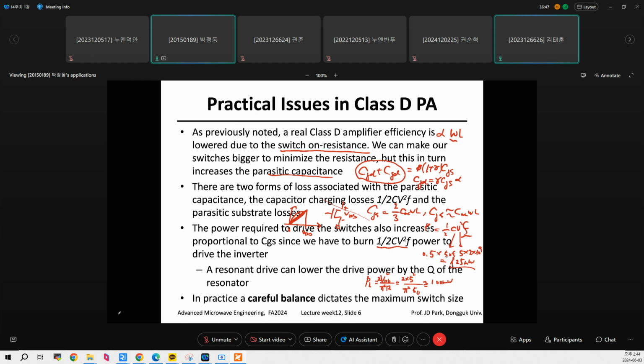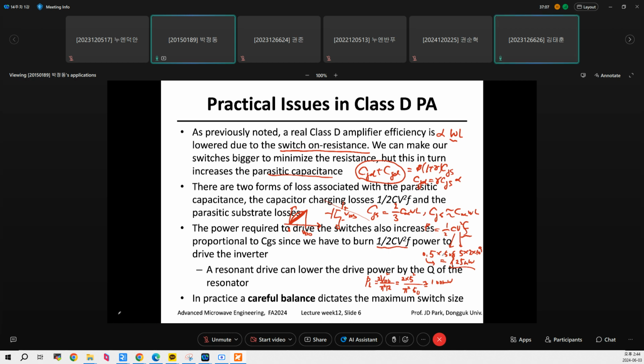So if you increase device size to reduce the loss caused by the resistor, if you increase device size by 10 times, it's exactly reflected in the switching loss.